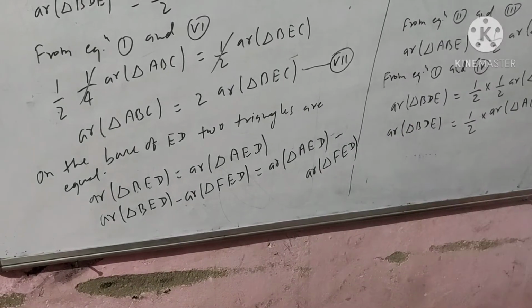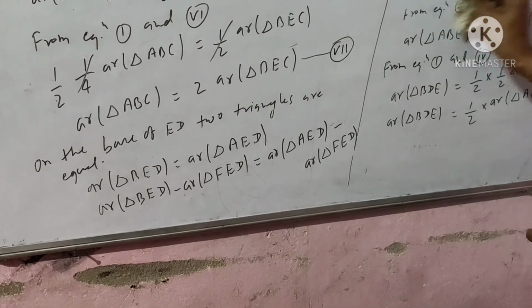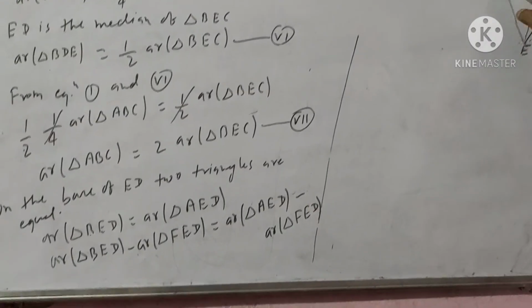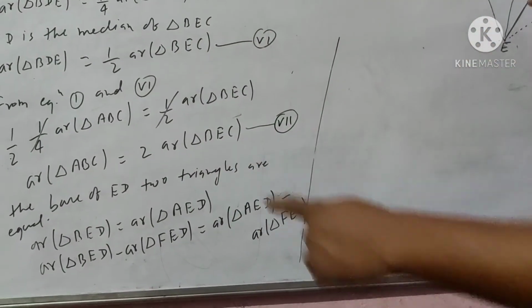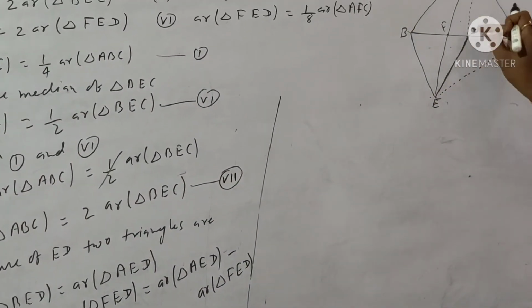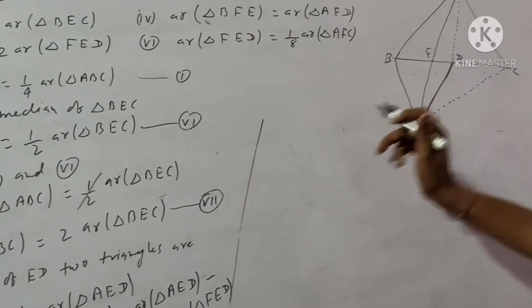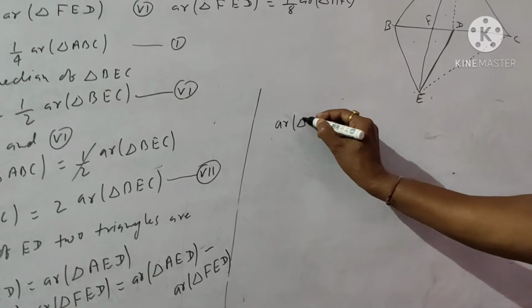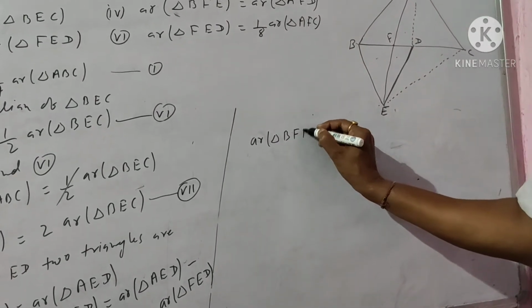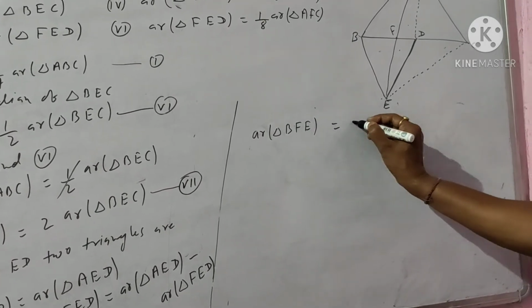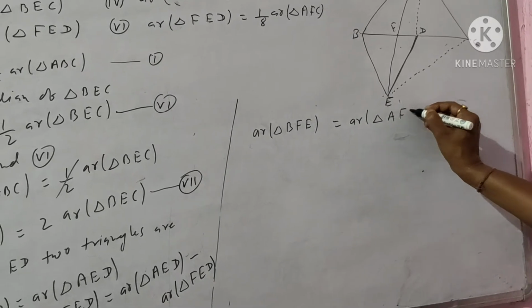Okay student, so BED minus FED, we can say here BFE. So area of triangle BFE is equal to area of triangle AFD.